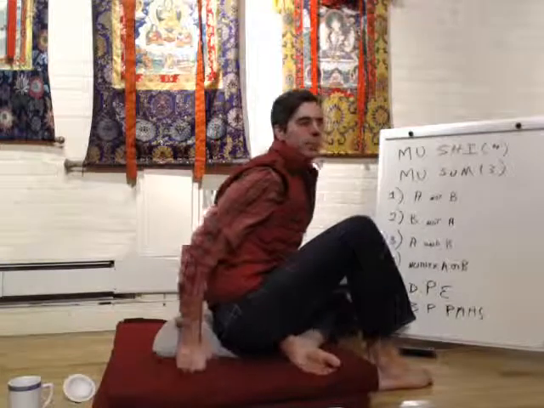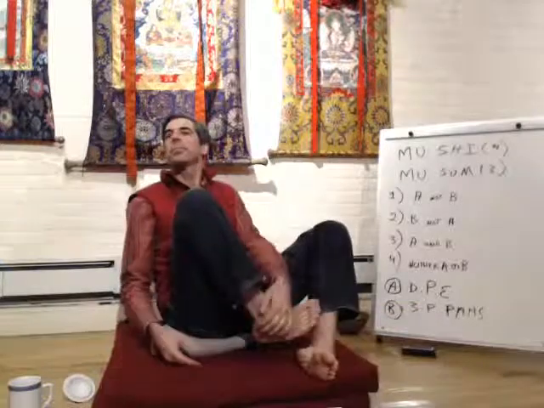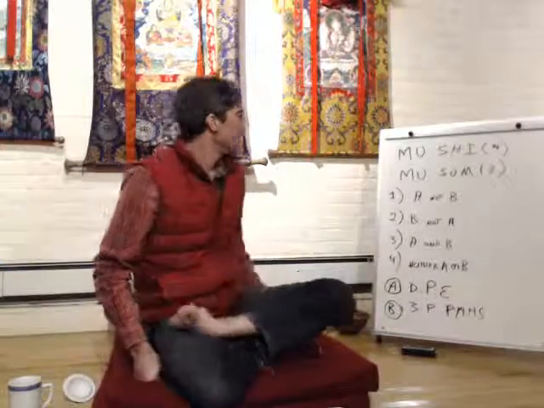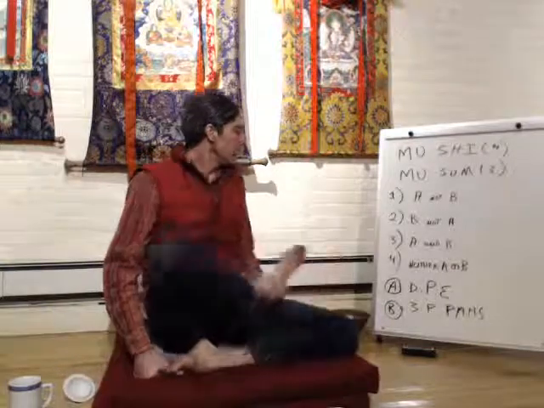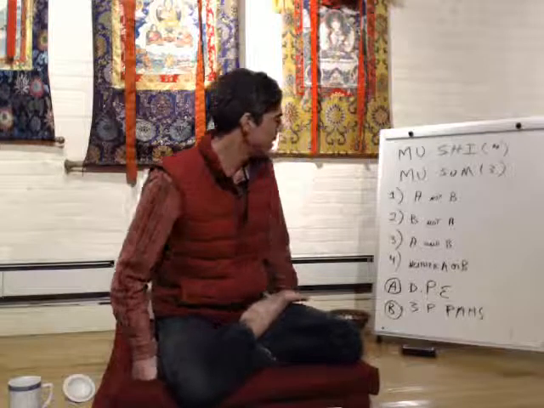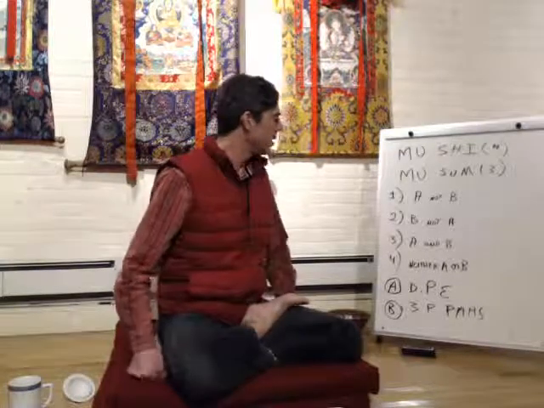Once again, we're trying to prove the importance of the three principal paths in our spiritual progress. So let's look at A and not B. Can we have a case where we would have the direct perception of emptiness, but not the three principal paths?